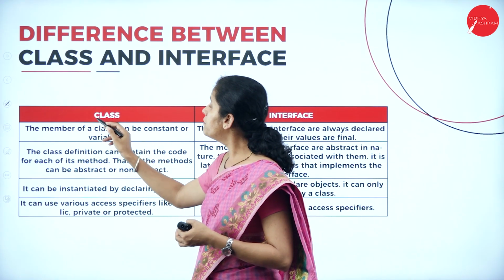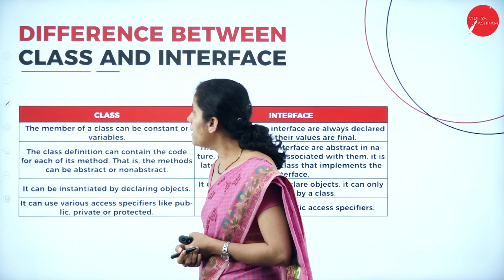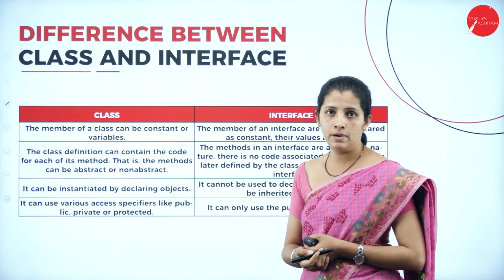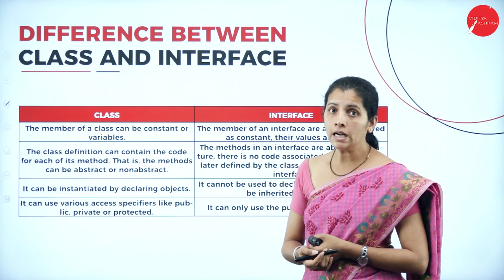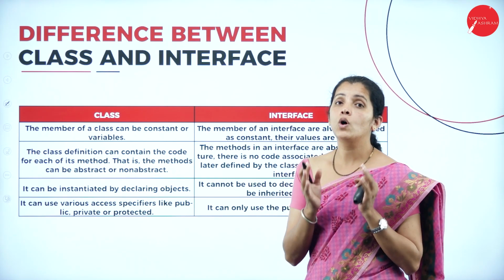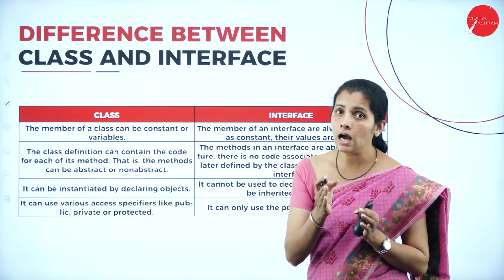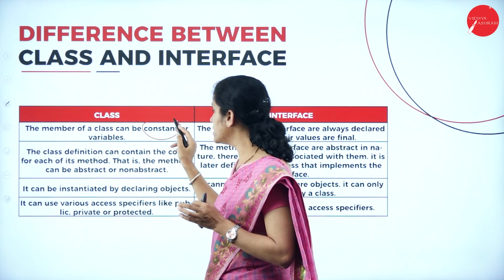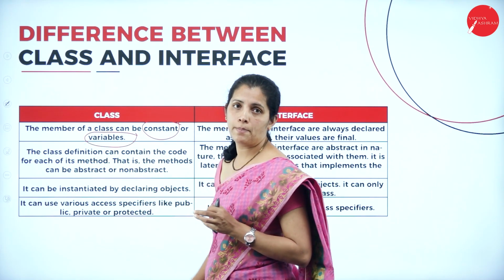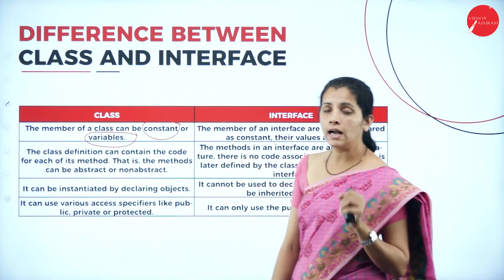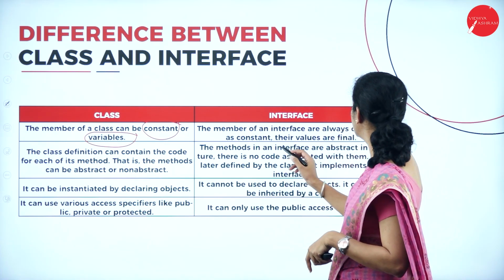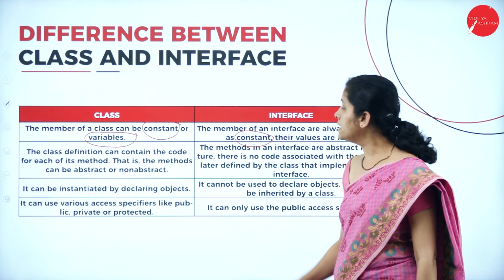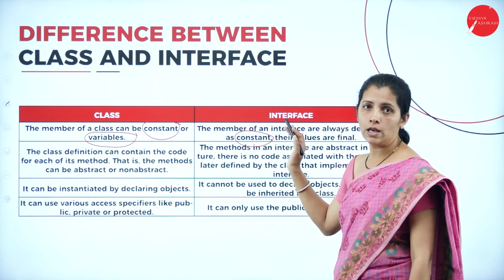See here, if I consider a class, the members of a class can be constants or variables. Suppose I declare fields or variables in my class, then they can be constants as well as variables. And if I consider an interface, then it is constant, that is, a fixed value.